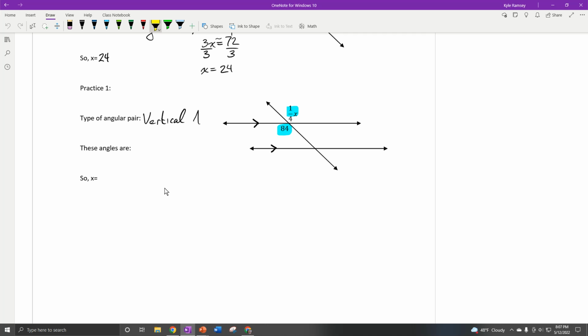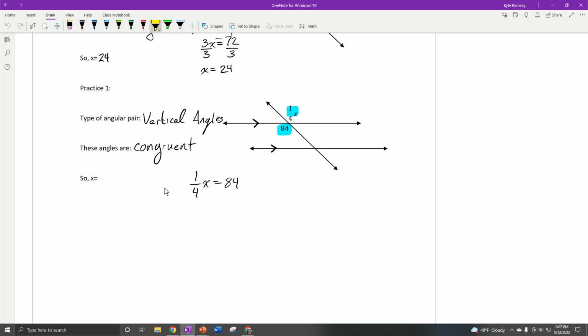So to figure out what x is, all we need to do is take 1/4 of whatever x is and have that equal to 84.